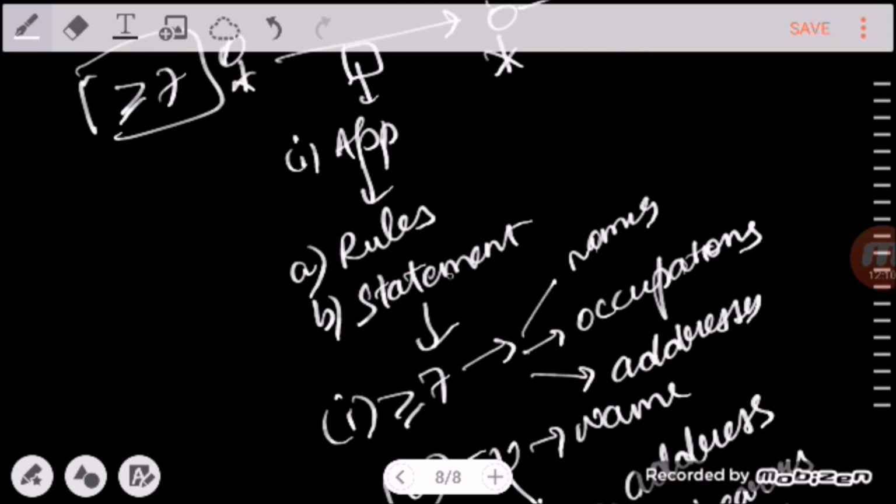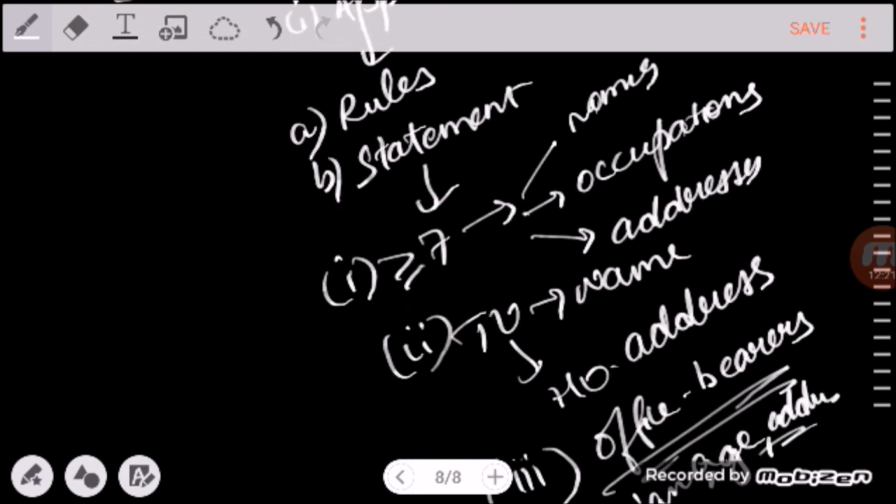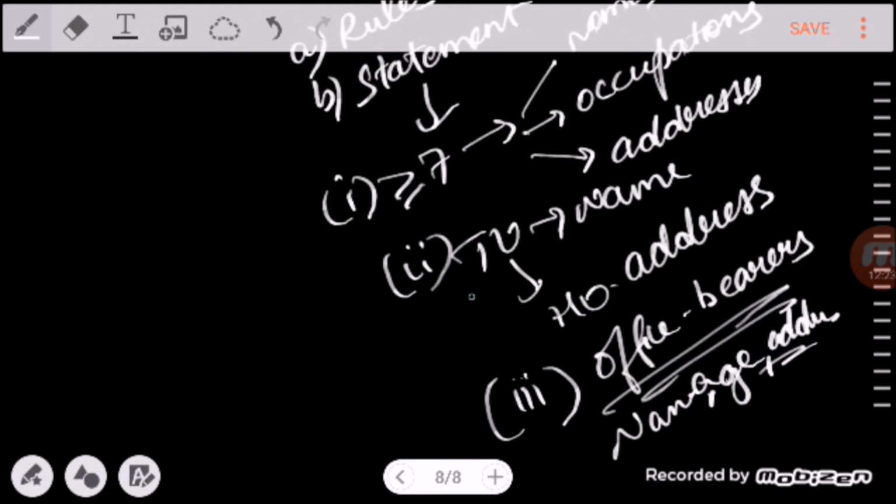What will the statement include? The details of the 7 or more persons making the application: their names, occupations, addresses, then the name of the trade union and the address of its head office, then the details of the office bearers like titles, names, ages, addresses, and occupations.